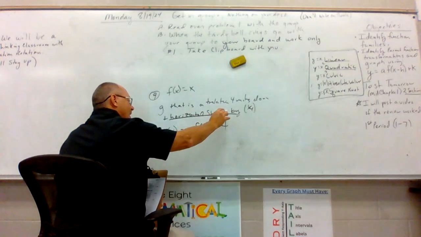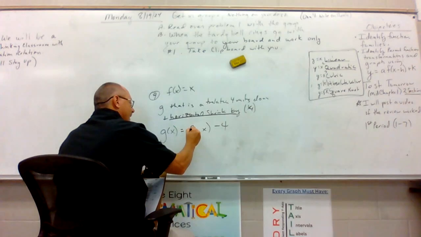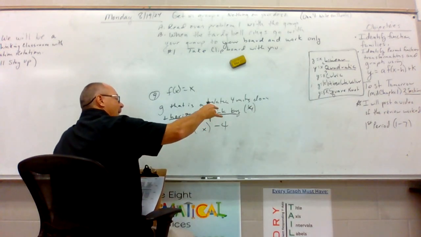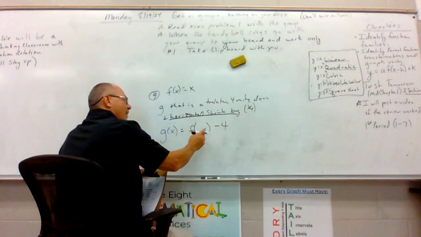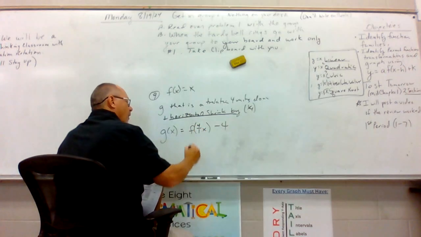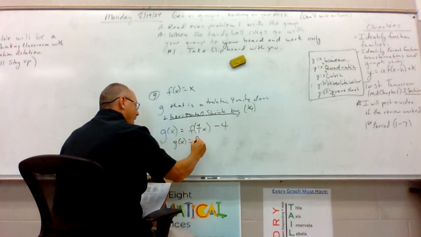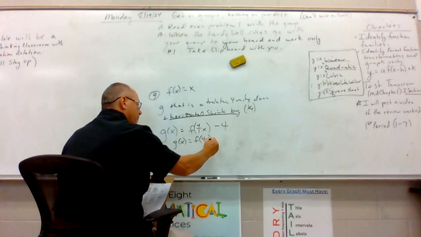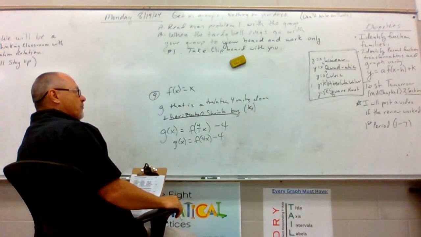It goes on the inside of the function. Normally you'd multiply, but if I divide by 1/4, the inverse operation, I get 4 on the inside. That means g of x is equal to f of 4x minus 4.